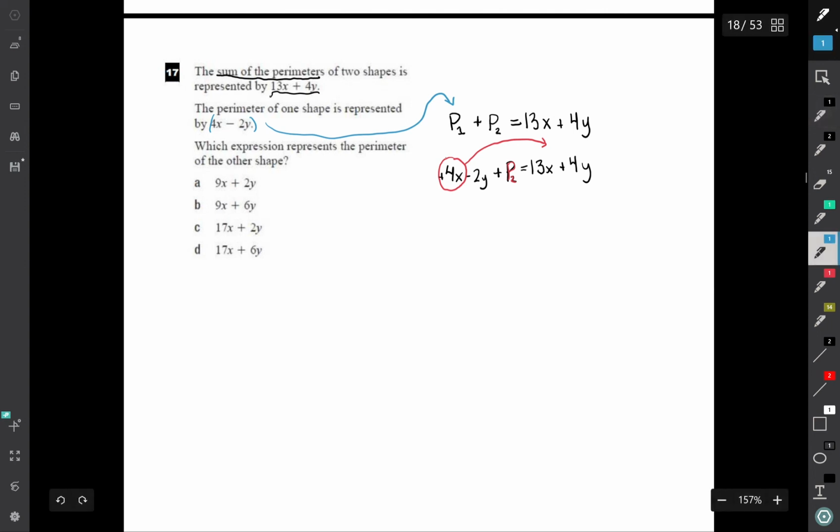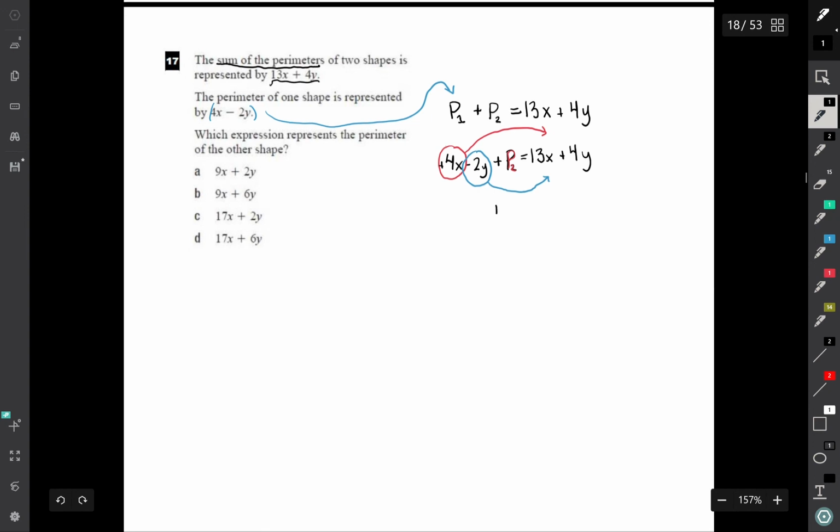Similarly, when we pick up the negative 2y and bring it over to the other side, the inverse of subtracting is adding, so we're going to add 2y. I'll show you what the next line would look like. I would have P2 all alone.